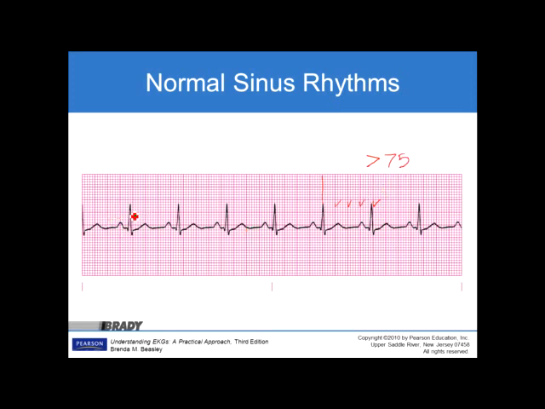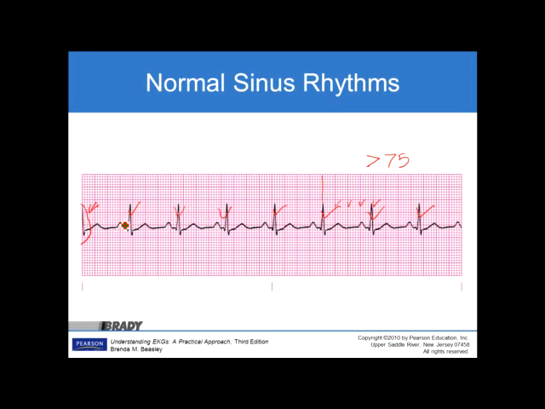We should count these as well. 1, 2, 3, 4, 5, 6, 7, and if we look at this over here, probably a half. We have 1 QRS that's about halfway on this. So right at about 75 beats per minute or so, give or take, maybe a little more than 75 beats per minute.